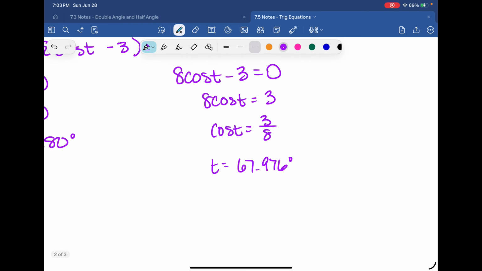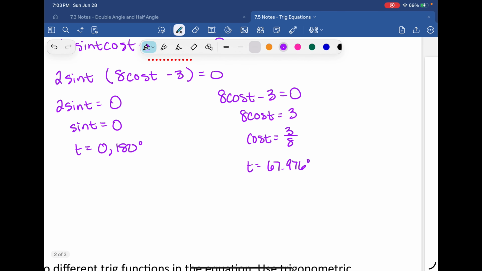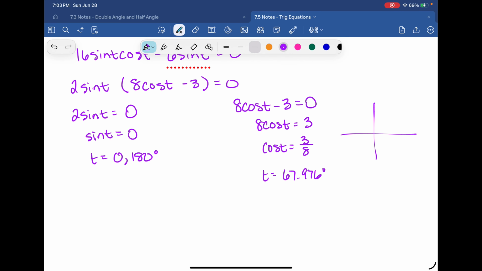So I need you to remember that cosine is positive in quadrants 1 and 4. So the 67.976 is a reference angle. So what is this distance? I also need it to be that distance.